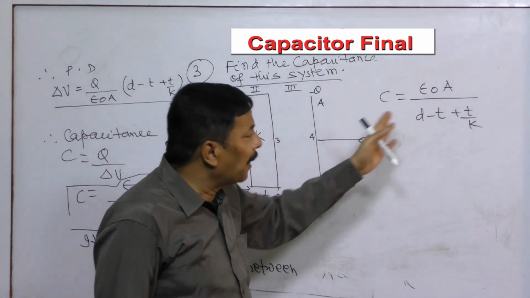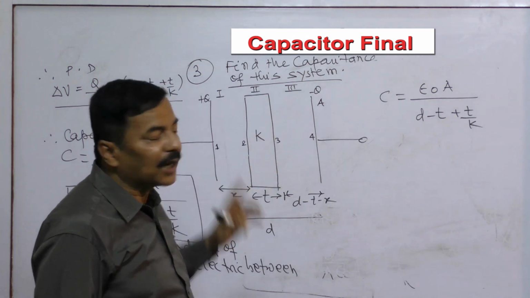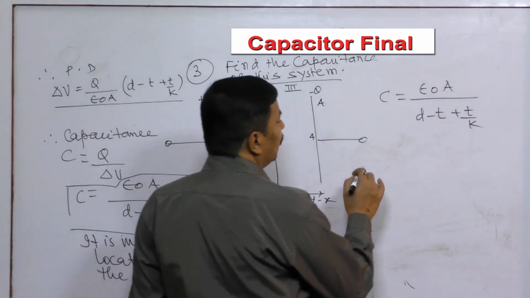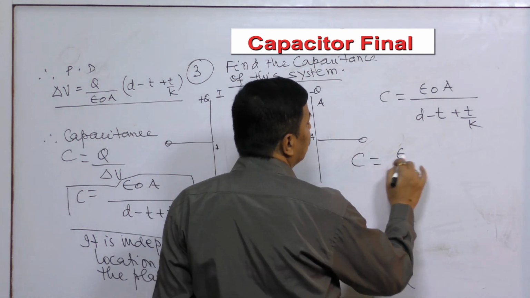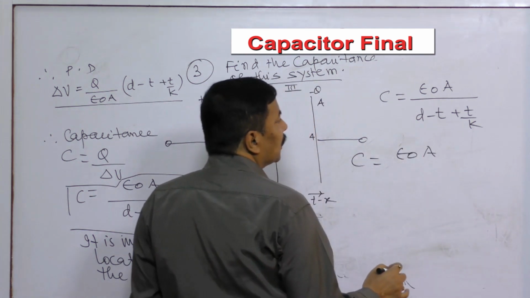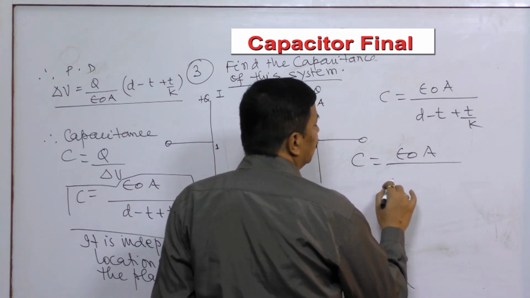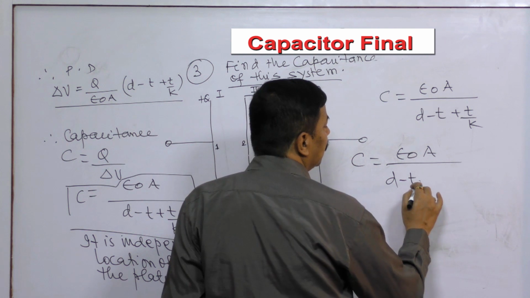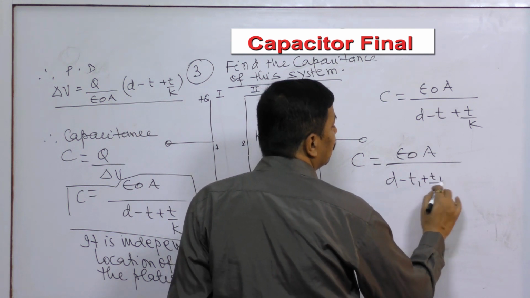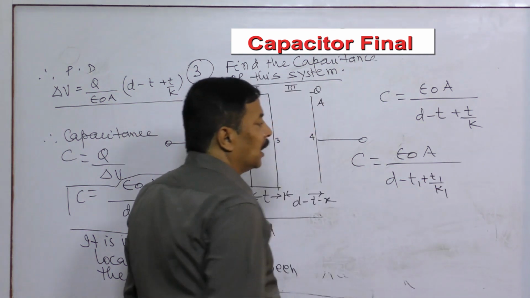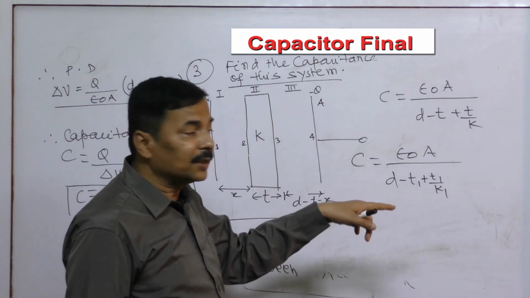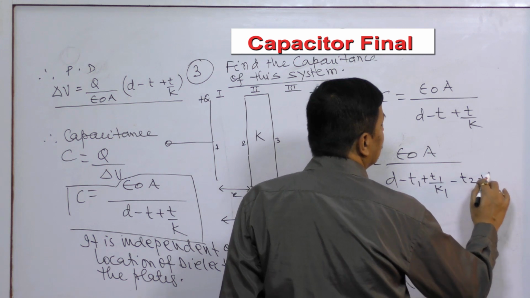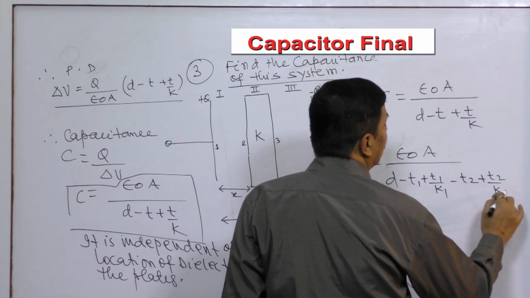Now if there are a number of such slabs, how will I write it? C is equal to epsilon naught A by D minus T1 plus T1 by K1, and if another dielectric is there, then minus T2 plus T2 by K2.